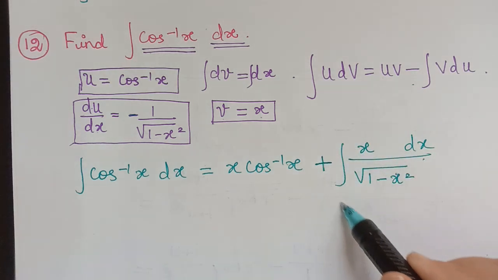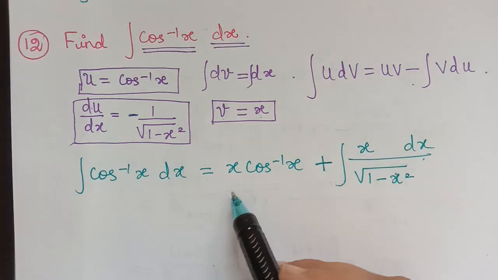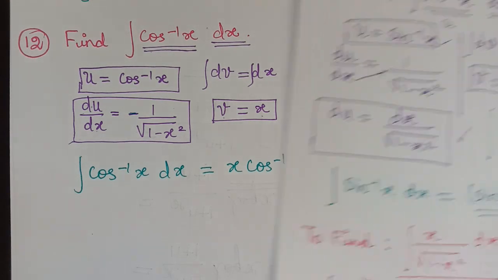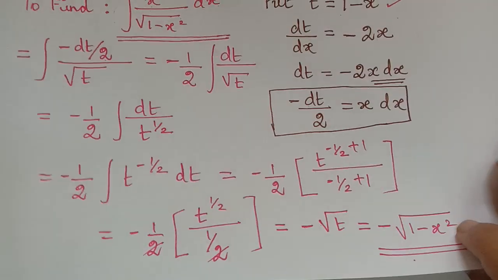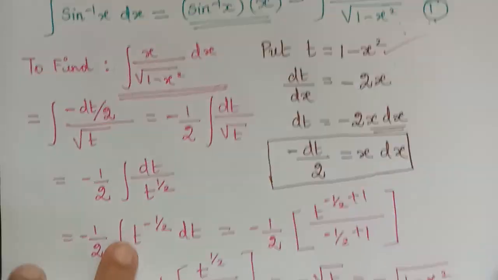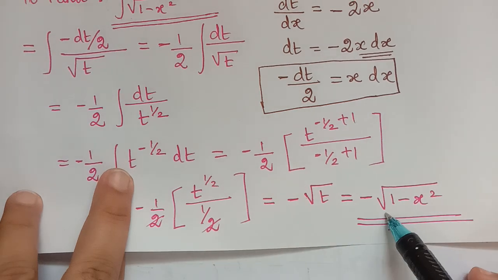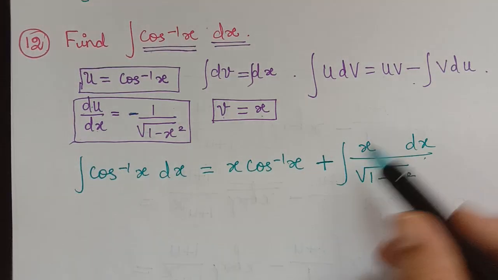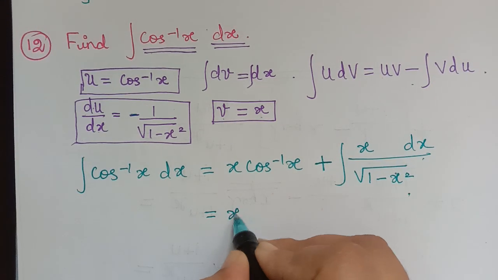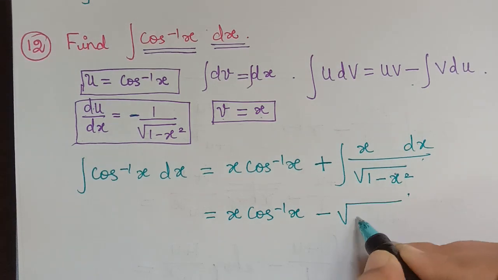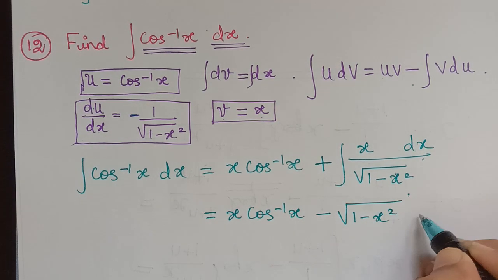Now we have to evaluate this integral separately and we have to substitute in this, which we have seen just now while integrating sine inverse of x, and we evaluated integral x by square root of 1 minus x squared dx to be minus square root of 1 minus x square. So that one we will be substituting here, and so this answer will be equal to x cos inverse of x minus square root of 1 minus x squared plus c.